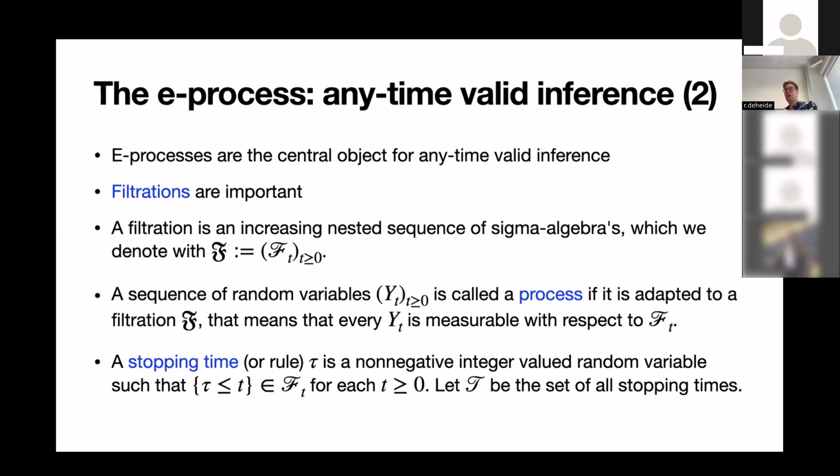One thing in working with stochastic processes, and an e-process is a stochastic process, is that you need to take care of the filtration that you're working with. I skipped the details. I guess you might know that. You need to make sure that the stopping rule that you're using is adapted to the same filtration as your e-process is defined on.